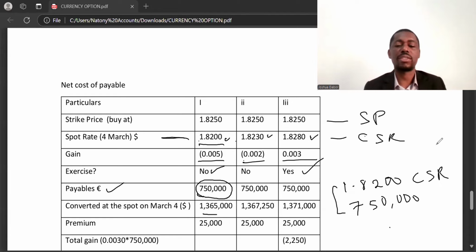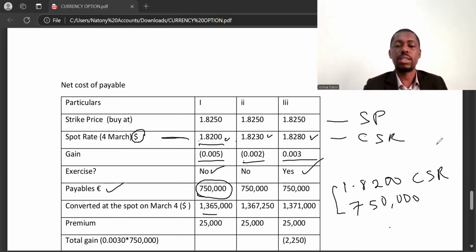The first question you want to ask yourself is, is it a direct quote or an indirect quote? Now, this exchange rate is in the USD. So the contract is in USD per euro, and the company is a US-based company.